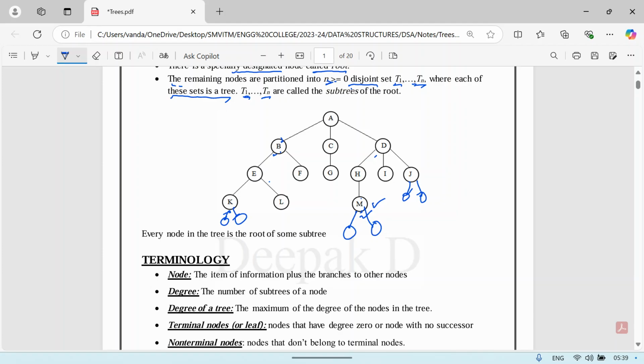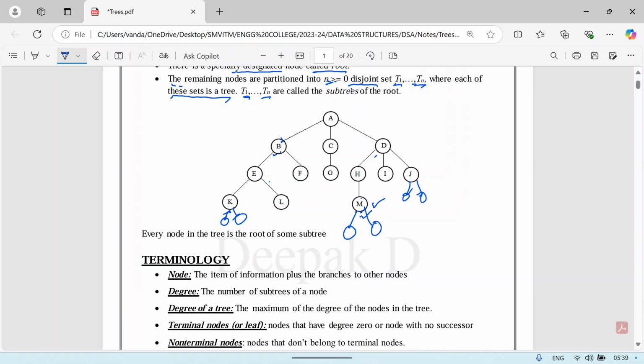Before I go, let me recall these 5 things. There are some more, but let me recall these 5. The first one is node. Node means the elements, or the piece of information. These are called nodes. What is meant by degree? The degree of a node is the number of child nodes that it has.